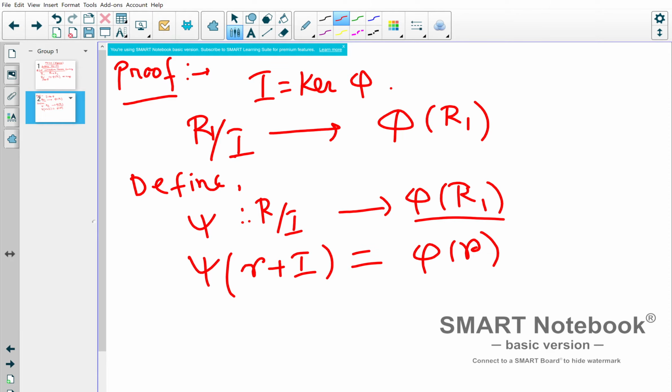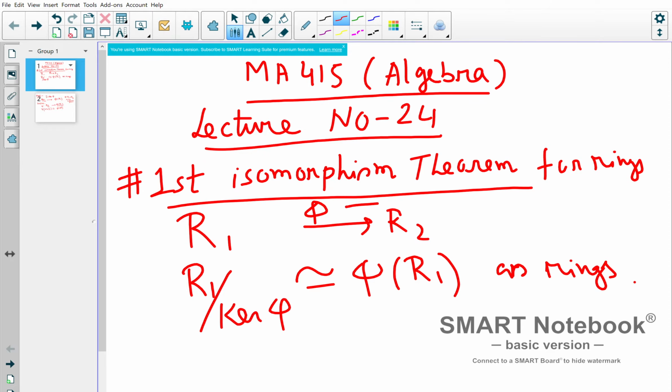Because it is given that phi is a map from R1 to R2, a ring homomorphism. This is given. Maybe I should say this is a ring homomorphism. I said it already, but let me write it down.